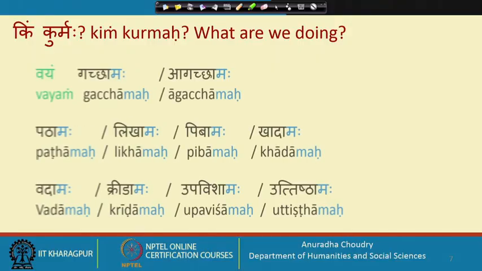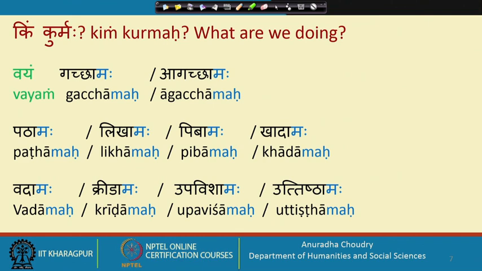Aham vadami, vayam vadamah. Aham kridami, vayam kridamah. Aham upavishami, vayam upavishamah. Aham uttishtami, vayam uttishtamah. Uttamam. Now let's look at that how it is in the written form.